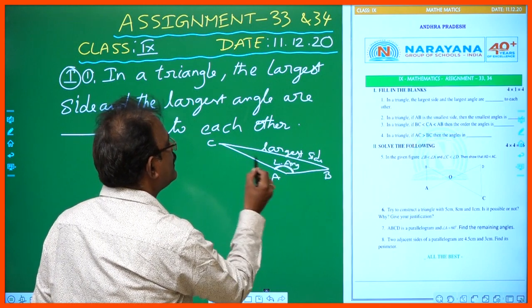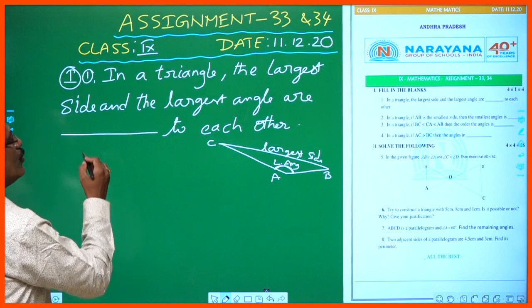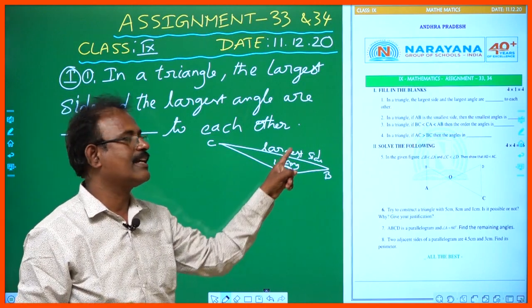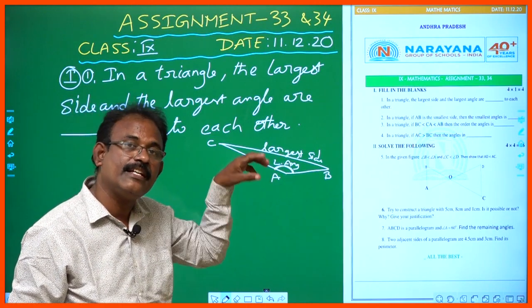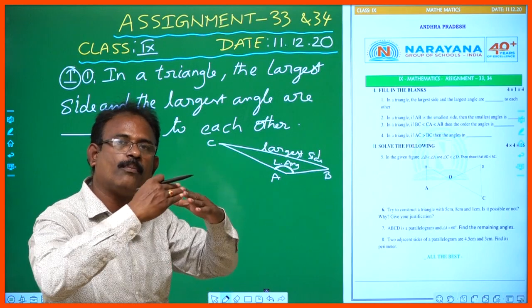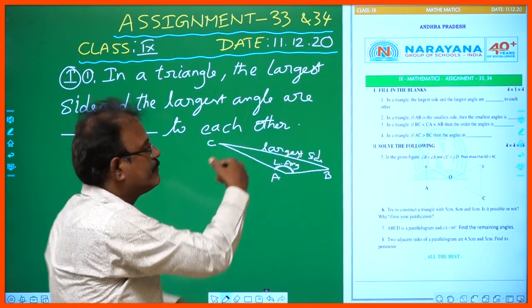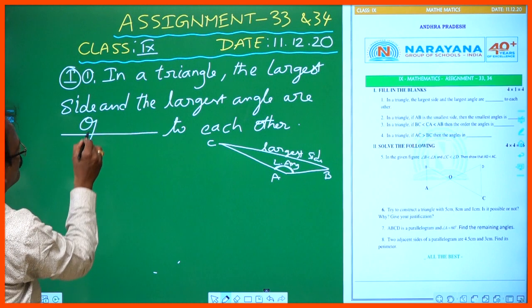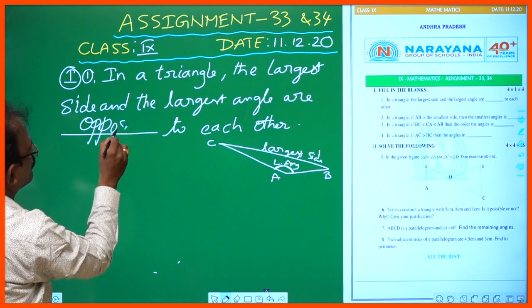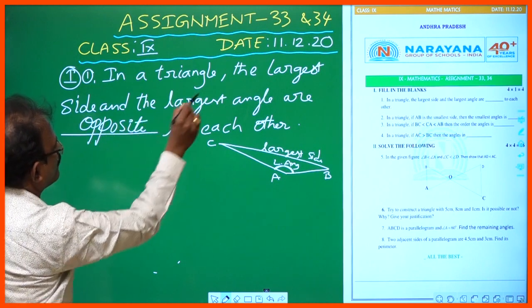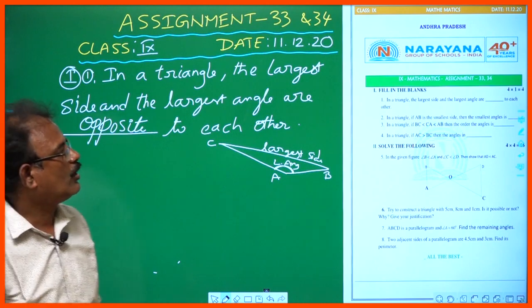So the largest side and largest angle, wherever they are situated in any triangle, both are opposite to each other.